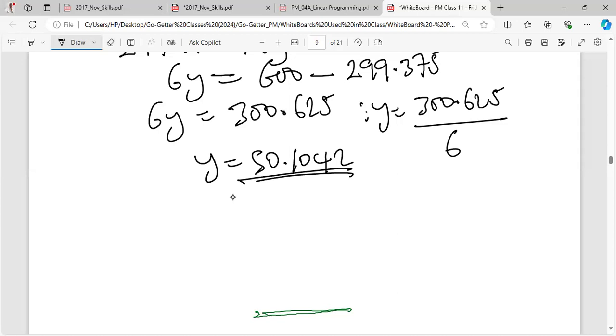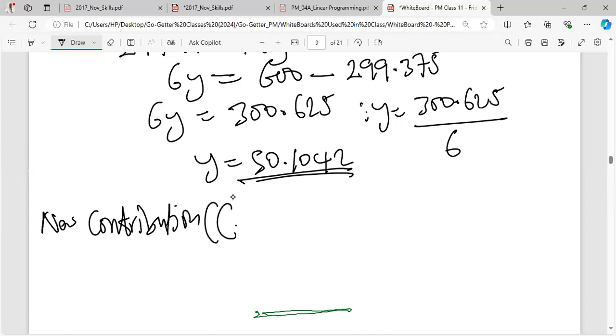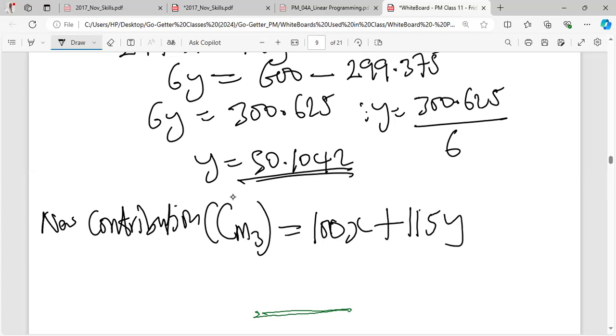So now what happened? You will now say new contribution. I'll call it CM3. We said it is 100x plus 115y. So this is going to give me 100.